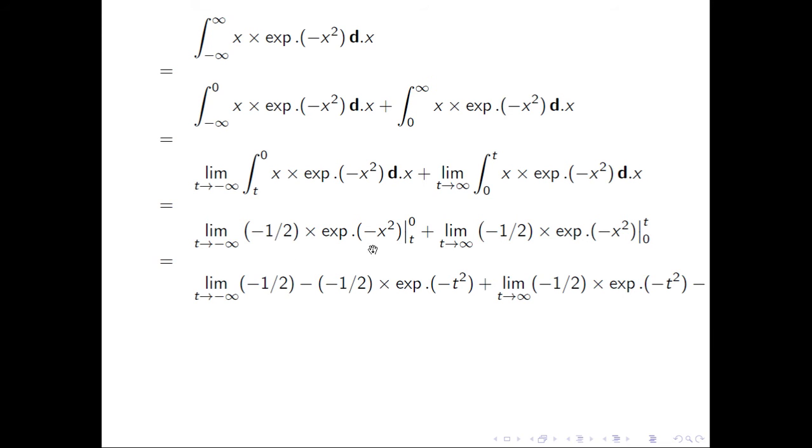So we've got minus a half, and then when we substitute t, we get minus a half times e to the minus t squared, and we find the limit of this expression as t tends to infinity, plus the limit of the other one, which is basically swapped around. So it's the limit of a half times e to the minus t squared, minus a half, minus a half.